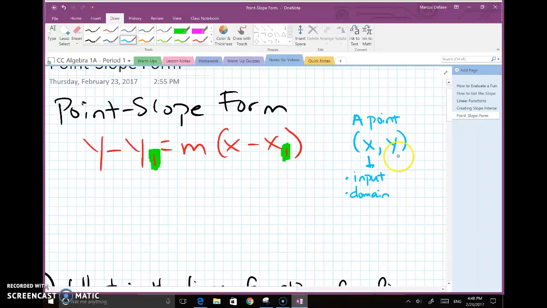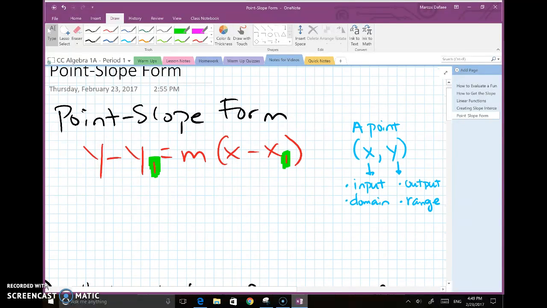And the y is the output, and part of the range. I just want to quickly throw that out at you as a quick review. So x and y represent a single point out of the entire universe of the coordinate plane. Out of all these points, you need just one to complete this function called point-slope form. That's what the x and y mean: just give me one x value, one input, and one y value, one output.